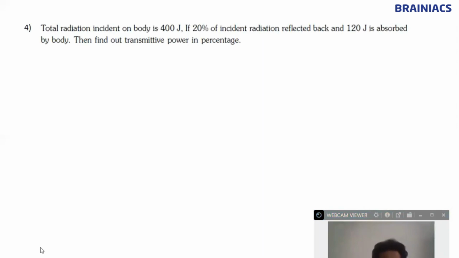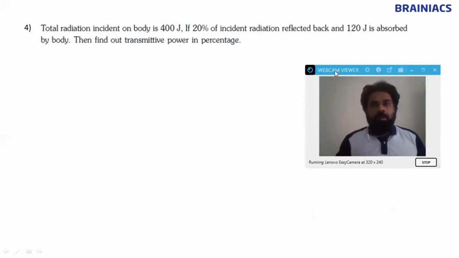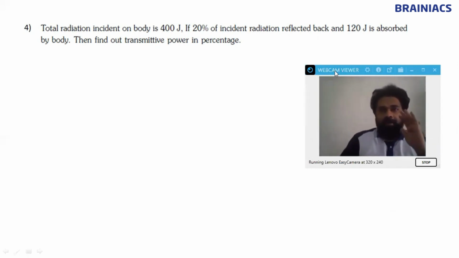So here this is the next problem. The total radiation incident on a body is 400 joule. If 20 percentage of incident radiation is reflected back, and 120 joule is absorbed by the body, then find out the transmittive power in percentage.